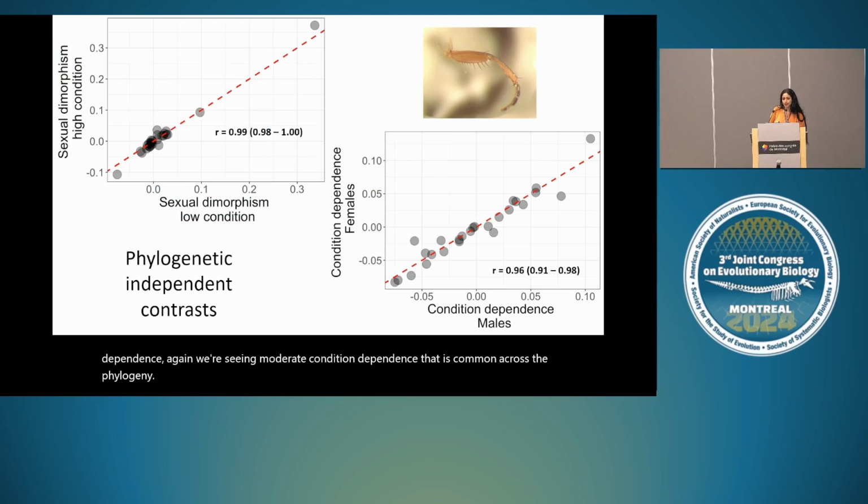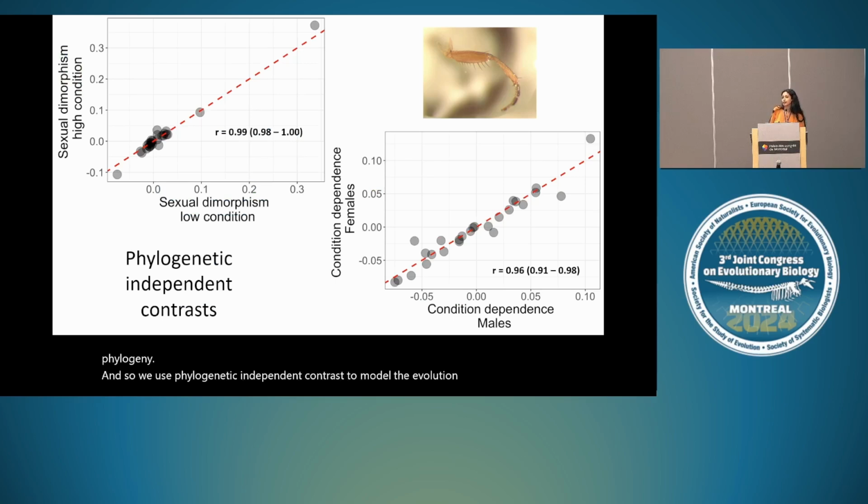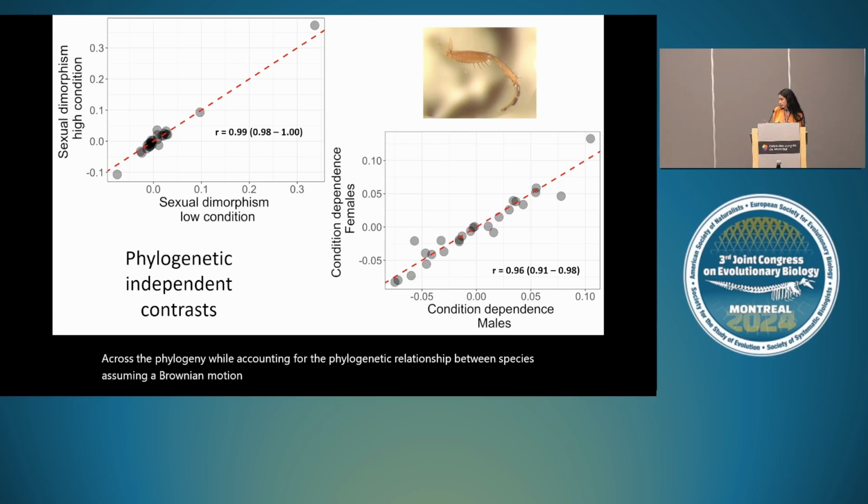And so we used phylogenetic independent contrasts to model the evolution of sexual dimorphism and condition dependence across the phylogeny while accounting for the phylogenetic relationships between species, assuming a Brownian motion model of trait evolution.